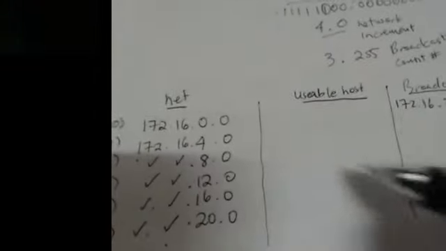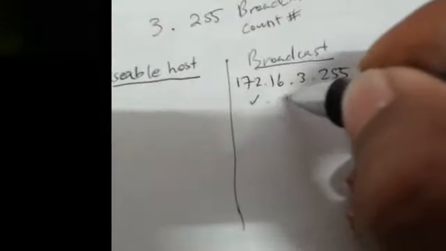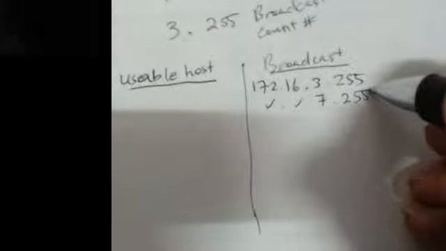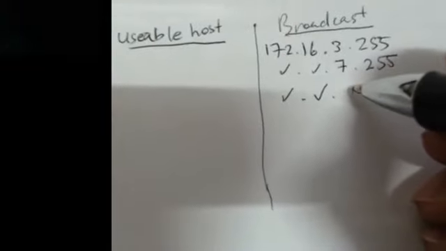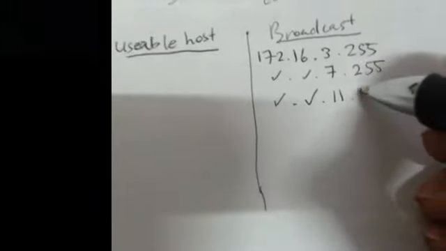So you keep on doing that. For 4, that will be 172.16.4 plus 3, that will give me 7.255, and notice that's how this one turns into 8. That will mean that for the 8.0 network, the broadcast will be 8 plus 3, which is 11.255.